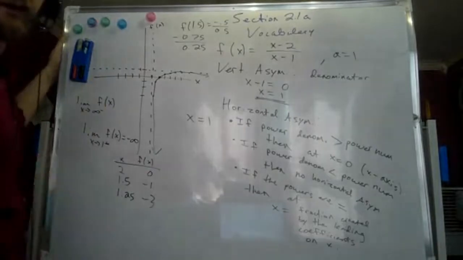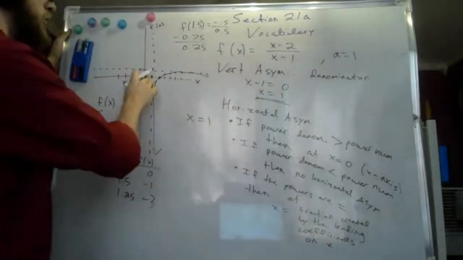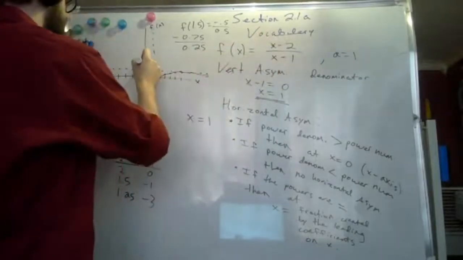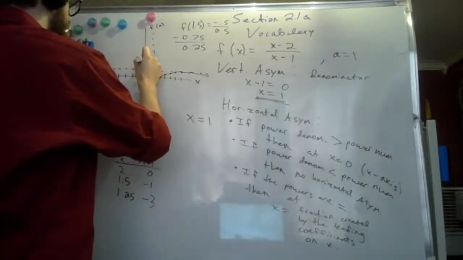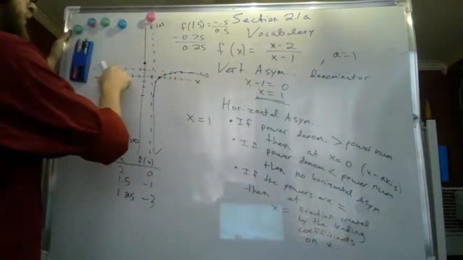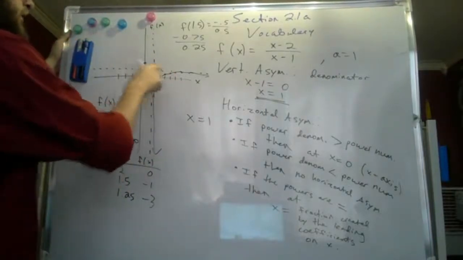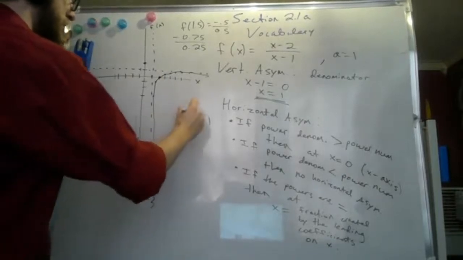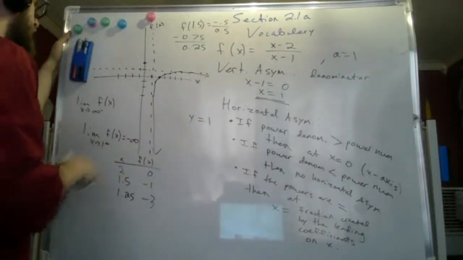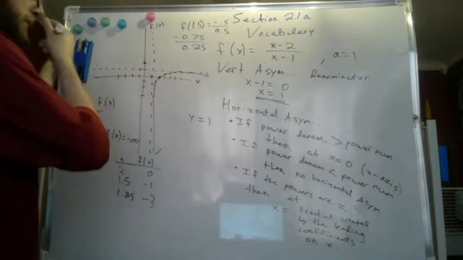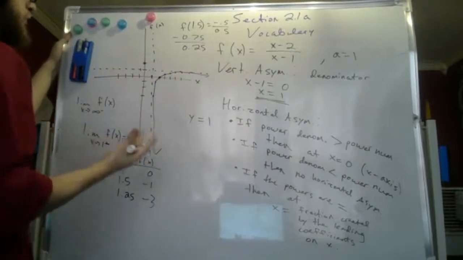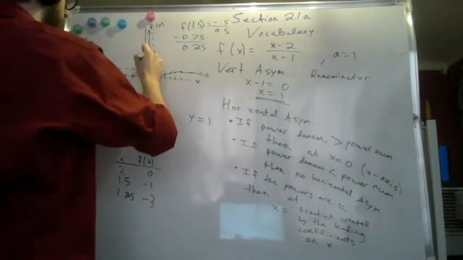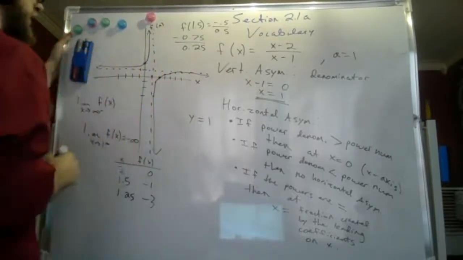Now, for the sake of time, if you do the same thing over here on the left side, if we plug in 0, then we have negative 2 divided by a negative 1. That's a positive 2. So we got a value up here that's above our line. Or, I'm sorry, that's y equals 1 for the horizontal asymptote. When you plug in values here, it's actually going to go up this way and down that way towards the asymptote.